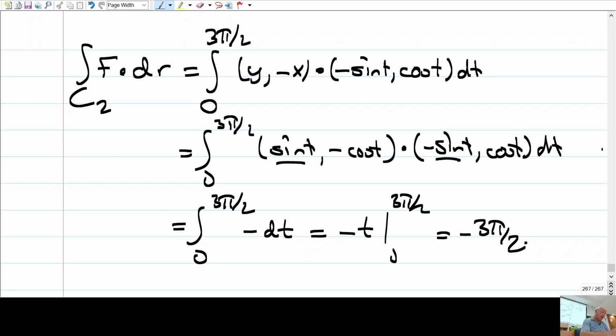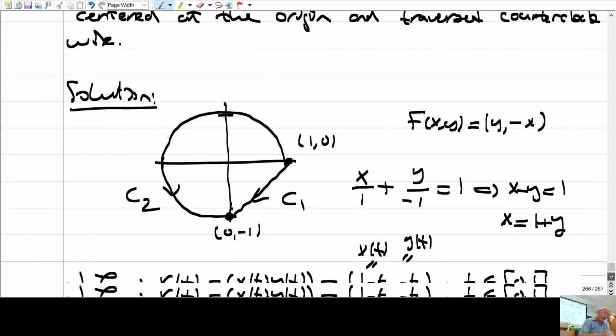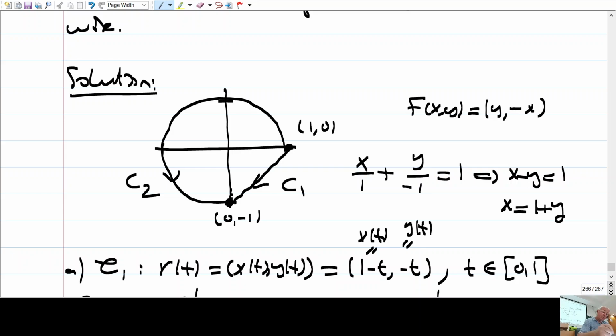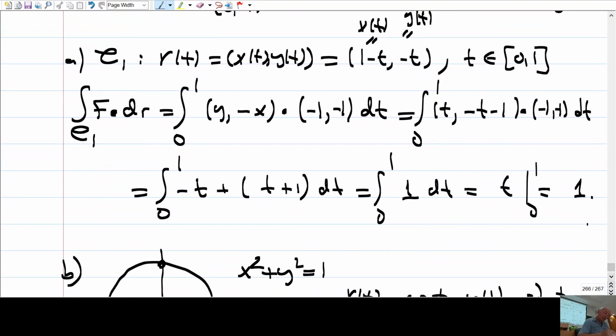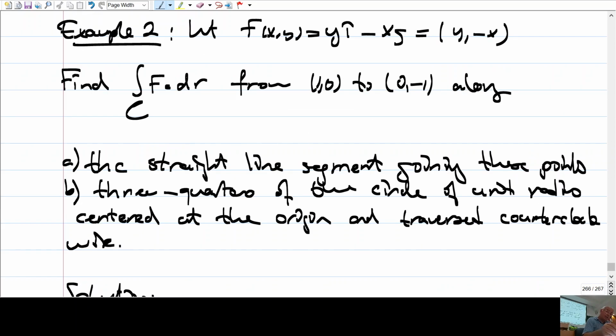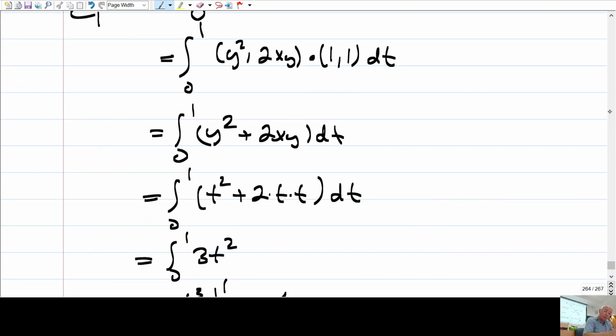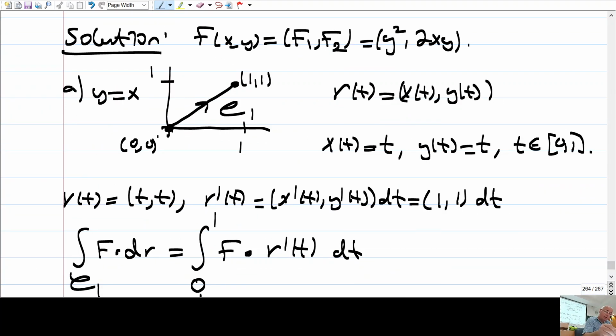So what we see is then the work done by the force F from this point to this point along the curve C1 is 1 unit, and along the curve C2 it is minus 3 pi over 2 units. So in this case, the work done along different paths gave us different answers. Remember, in the first example, we had 3 different curves joining these 2 points, right? 1, 1 and 0, 1.